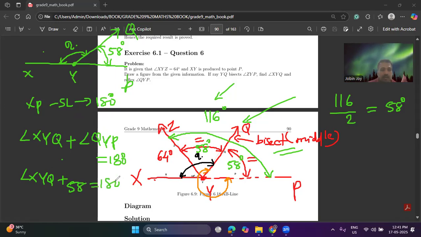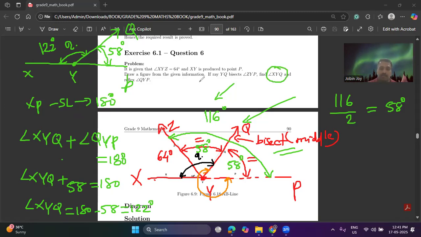That is equal to 180. So angle XYQ equals 180 minus 58. What is 180 minus 58? That is equal to 122. So angle XYQ is 122 degrees. So we calculated angle XYQ.